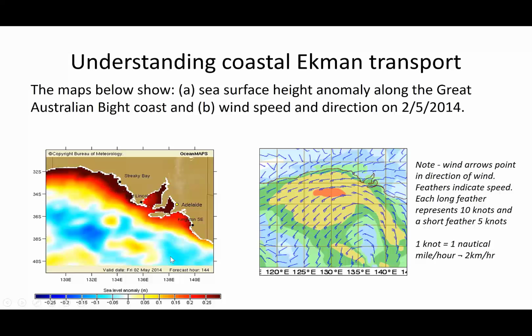And here you can see the convergence produces water that is up to 30 centimetres higher in this particular case than it normally would be. So with these very strong winds, your high tide would be almost 30 centimetres higher than it otherwise would be.